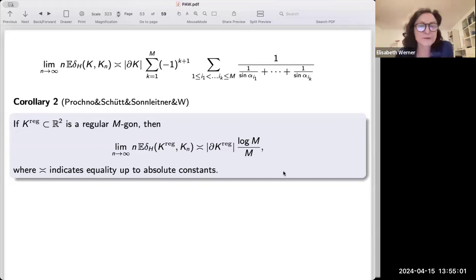The limit as the number of chosen points on the boundary of this regular polygon goes to infinity, the Hausdorff distance between the regular polygon and the random polygon behaves, up to an absolute constant, like the circumference of the regular polygon times log m over m, where m is the number of vertices or the number of inner angles. And yeah, I guess I should stop.